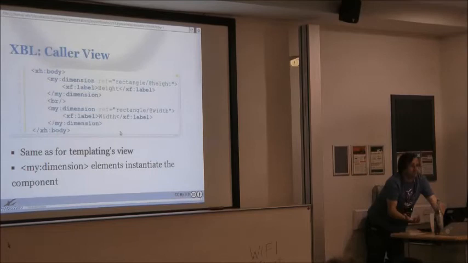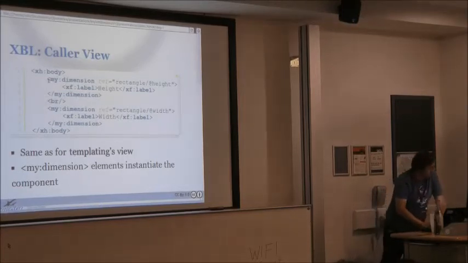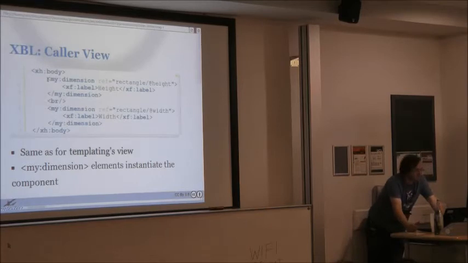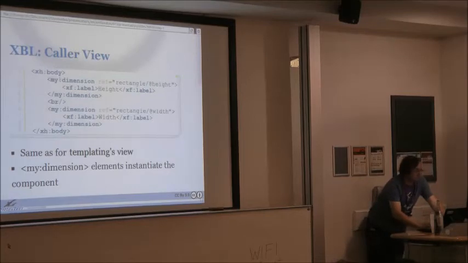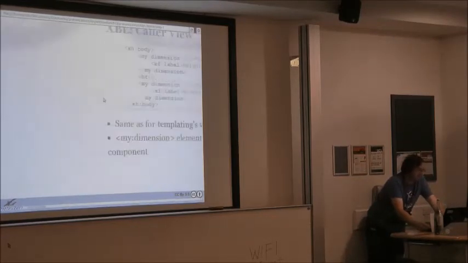You have the same view that we have for the templating approach here. So you have a my dimension element, you have a reference and a label. The difference is that in the templating approach, you are generating XForms from this element, and now we are making a new instantiation of a component when we see this element. And it makes a lot of difference, we'll see this.